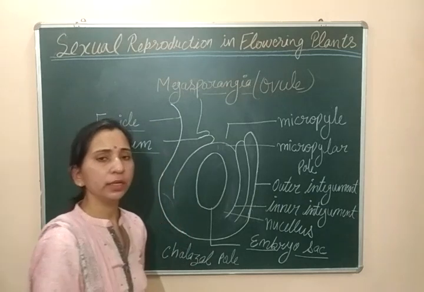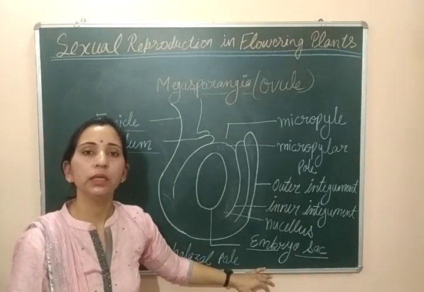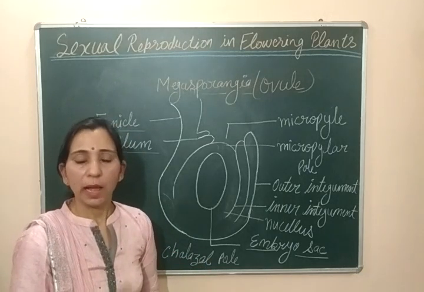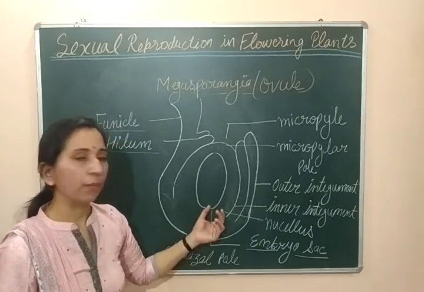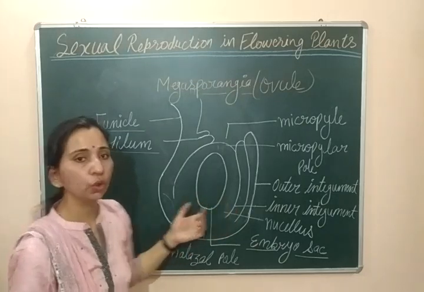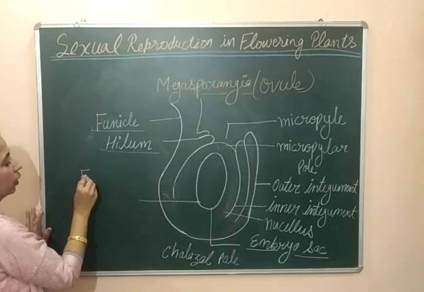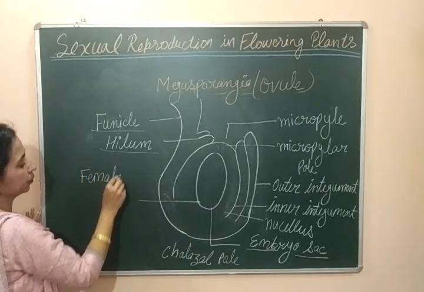The word female gametophyte is used for this embryosac because it contains the female gamete. This is the egg which is present inside the embryosac. That's why it is known as female gametophyte.